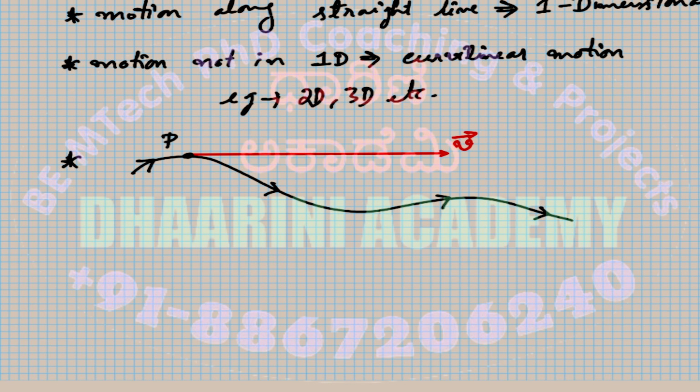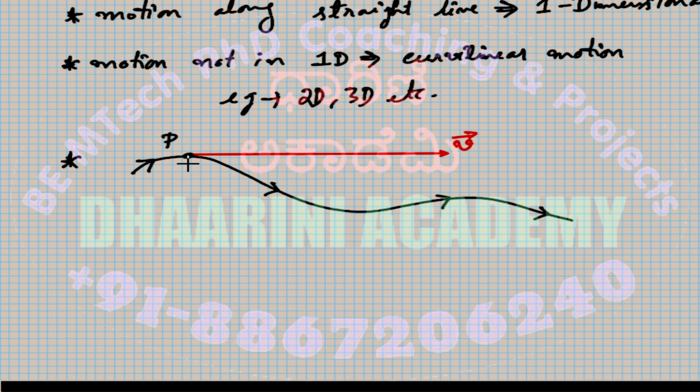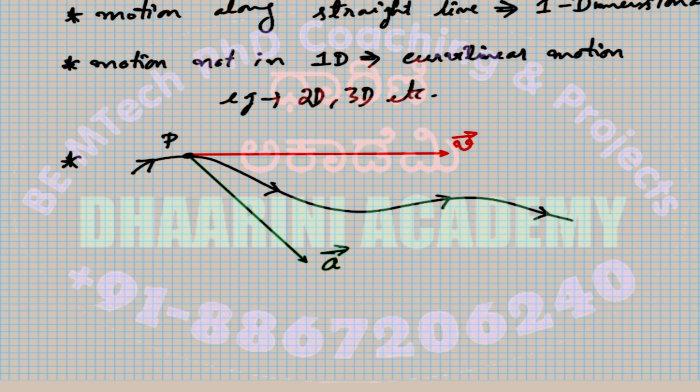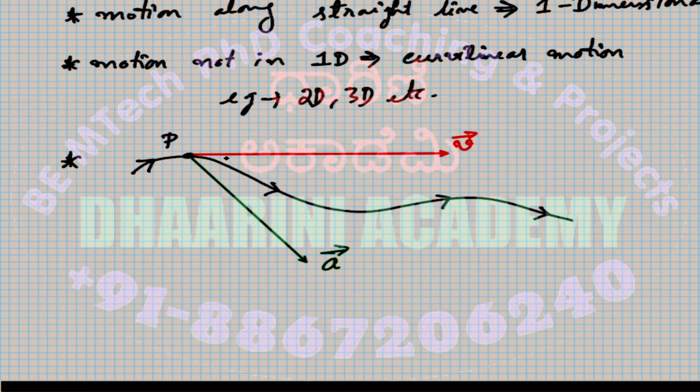Whereas the acceleration can be in any direction, right? So let me draw acceleration for the time being. Let's say acceleration is in this direction. So this is acceleration, A vector. I can always have an angle represented as theta between velocity and acceleration.